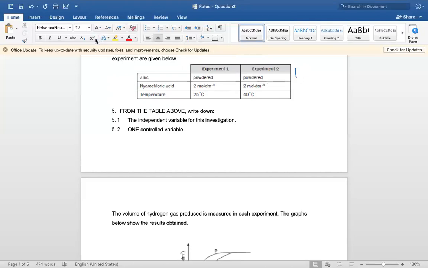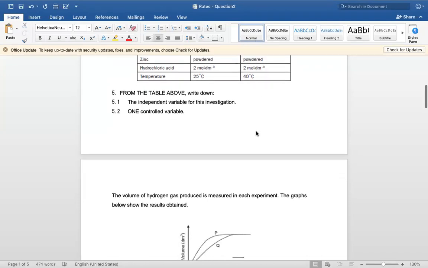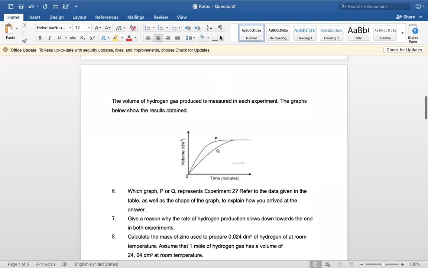I don't know why this thing is not writing. So if it's a slower reaction, how will it look on this graph if you had to draw it? The reaction will take longer to finish, right? So the reaction will be somewhere like this. Let's see if we can write. No, it's not writing.